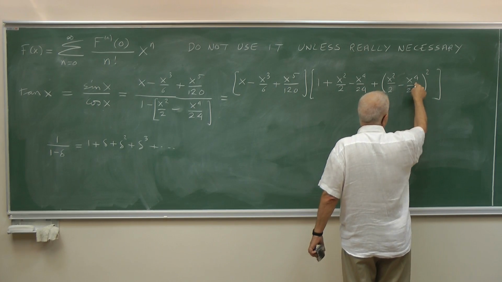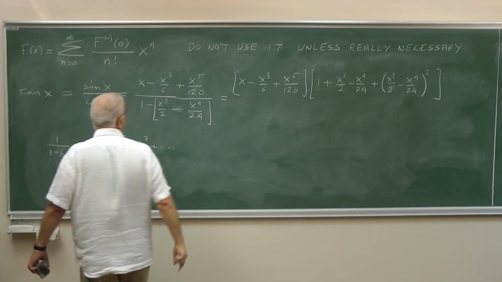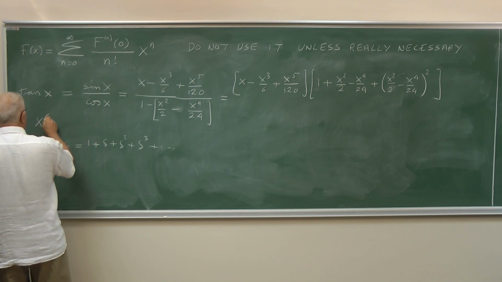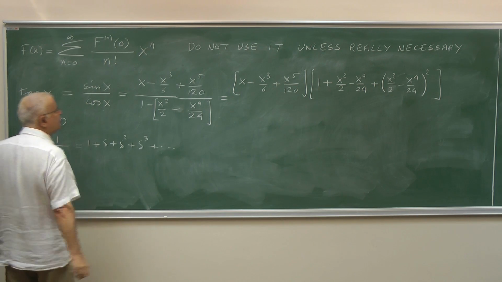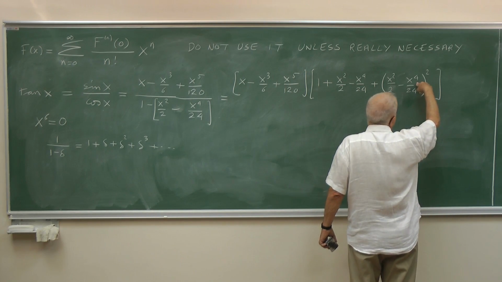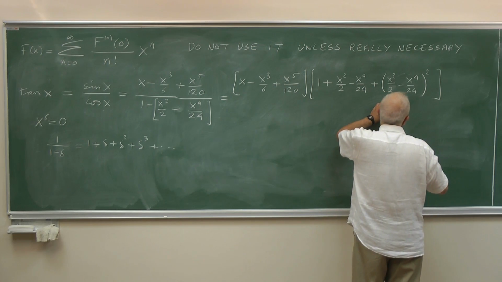Then the cross term is x to the 6. Here, as you see, we did not go all the way to x to the 6. So this is a regime where x to the 6 is neglected. And x to the 4 squared is x to the 8. So forget about it. So this is simply x to the 4 over 4.